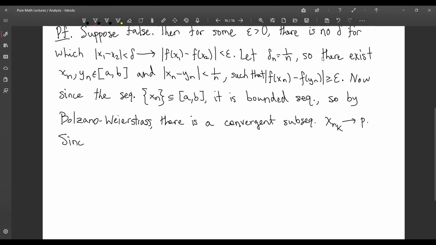Since [a, b] is a closed set, p must also be in this interval. Now I'm trying to think if I proved this already. I think I have. No, because I just covered topology on R.